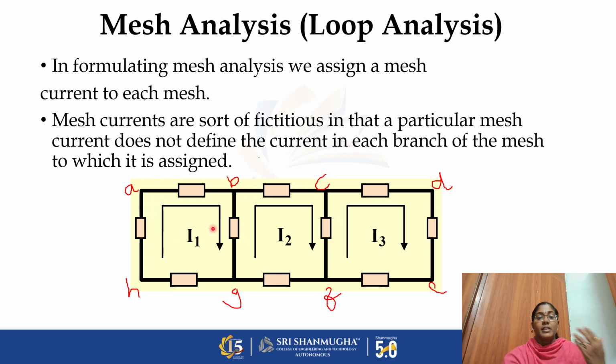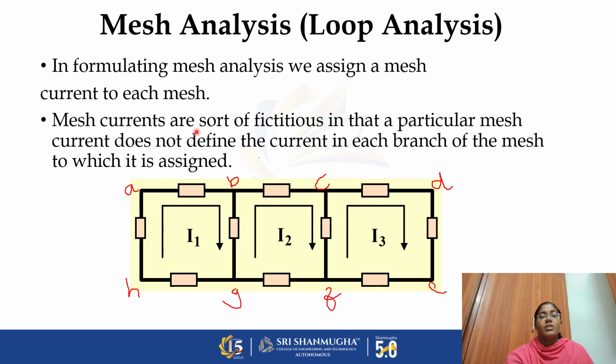If the given circuit already gives the mesh current or the direction, we have to use it. Otherwise, we have to make the mesh current ourselves, either clockwise or anti-clockwise. If you make it clockwise for all the meshes, it will be easy for solving the problems.